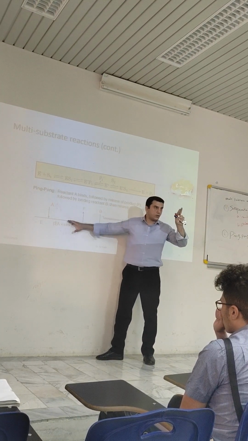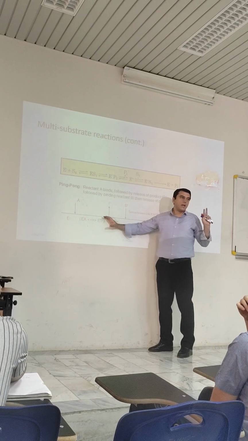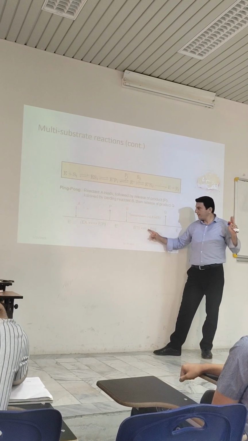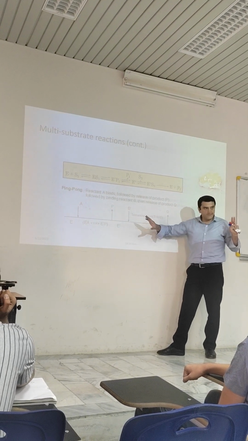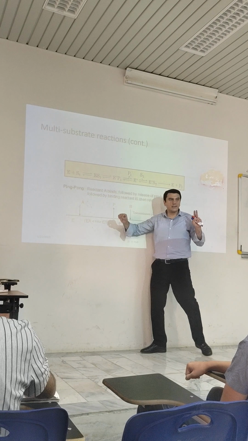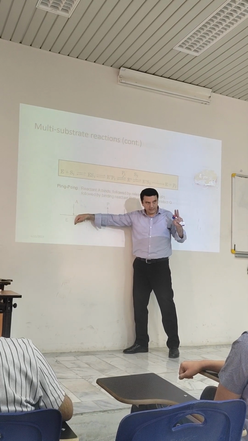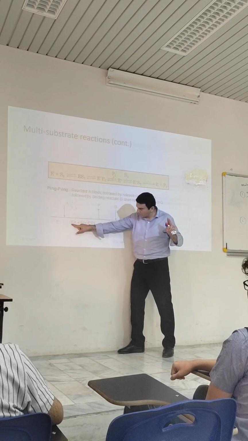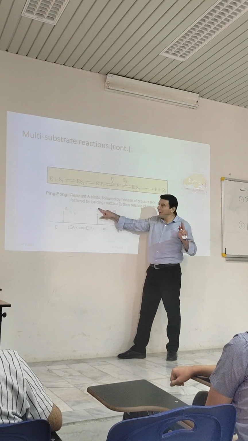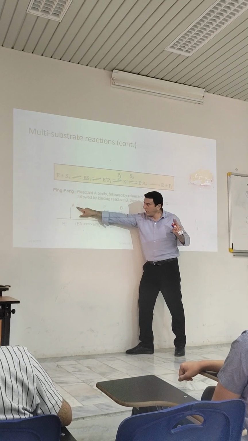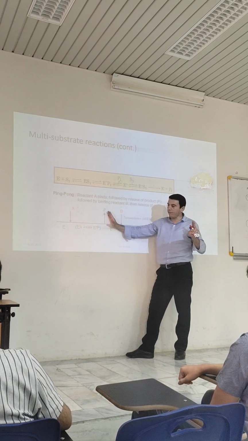We have two steps in the ping-pong mechanism. The first step is changing the enzyme form, the enzyme shape. For this process, A should enter the active site and then change to product P. This is the first step of this enzyme reaction.